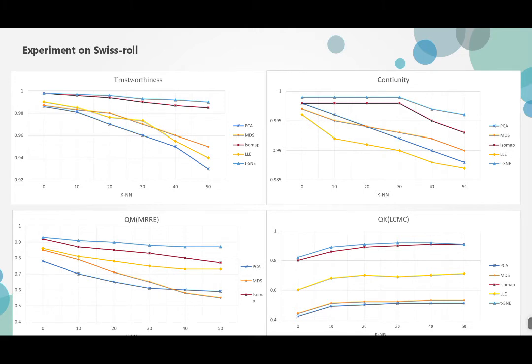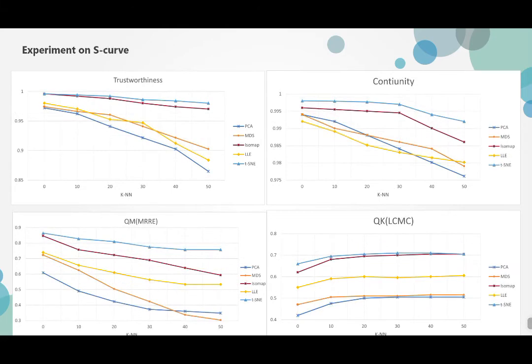From the perspective of mathematical principles, T&C and MRRE are trying to detect what goes wrong in a given embedding, while LCMC explains the part that works well in the dimensionality reduction algorithms, namely the overlap of the neighborhoods of the sample points in two different dimensional spaces.